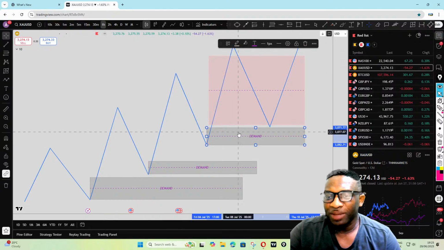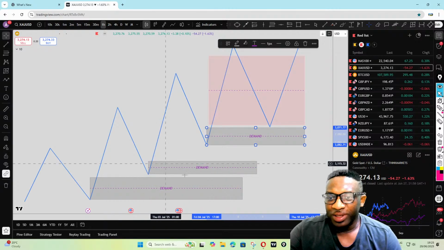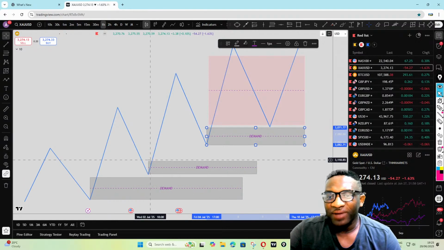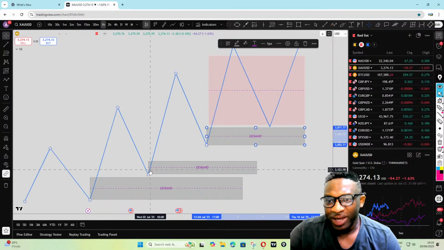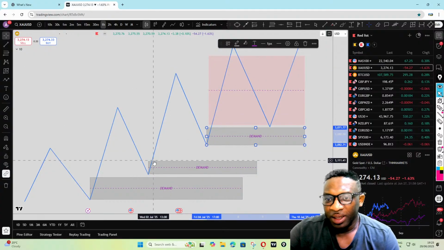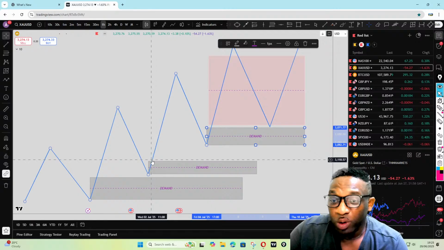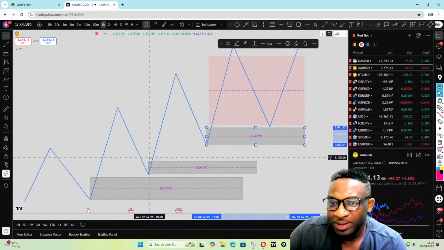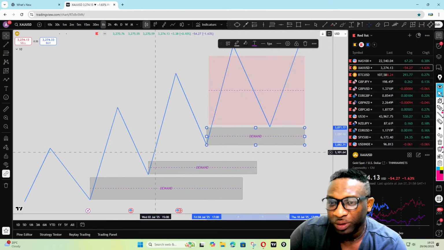And one thing we have to bear in mind is, for these areas to be valid, we have to have a fair value gap attached to them. So as price creates this demand area and moves away, in the course of moving away it creates a gap, or imbalance area, where price hasn't traded into.